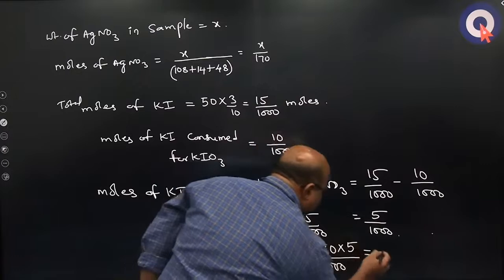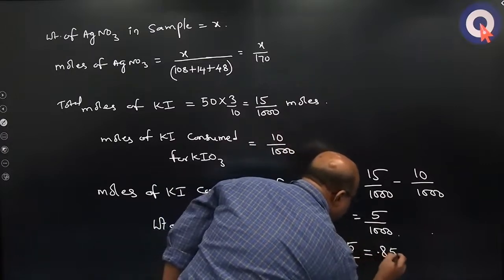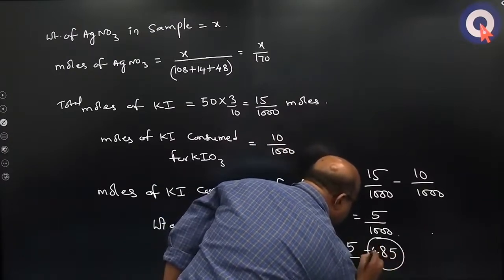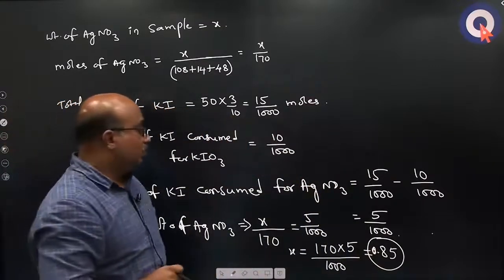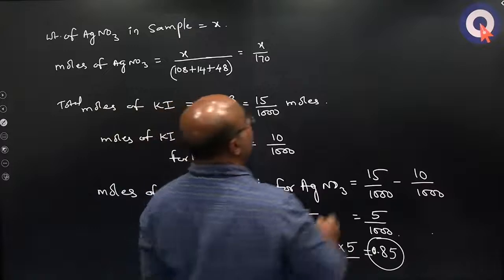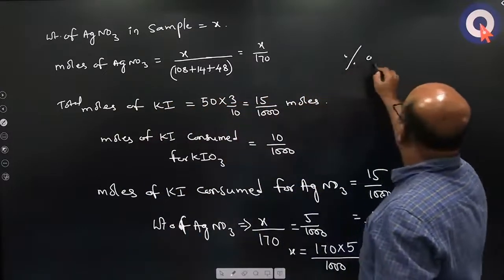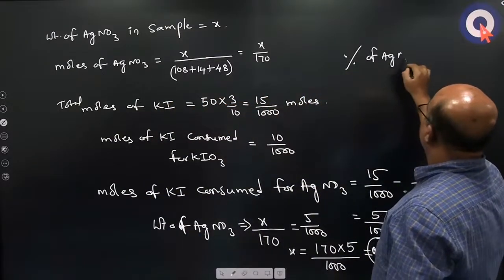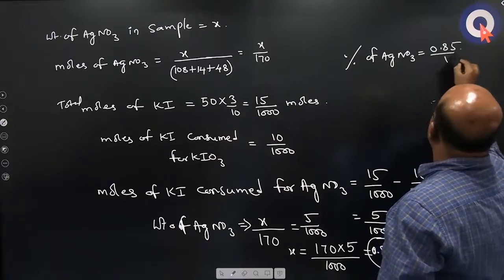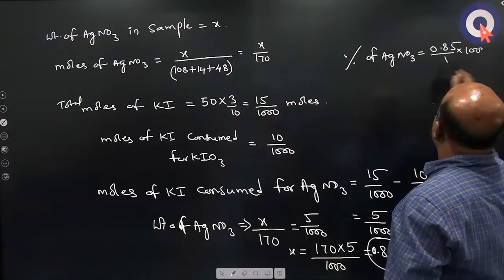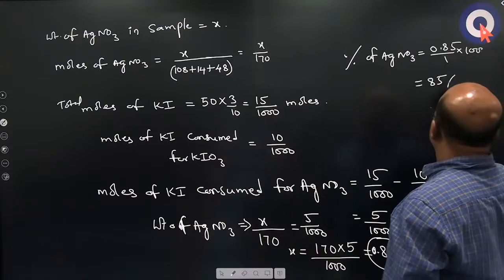So it is 0.85. Clear? So what is the percentage of silver nitrate? There is only 0.85 grams in 1 gram. So it is 85%.